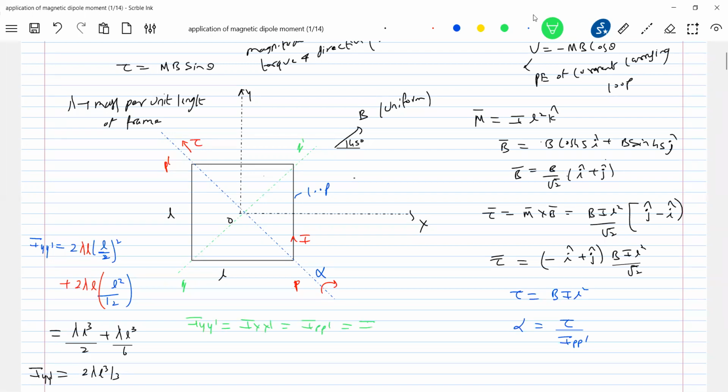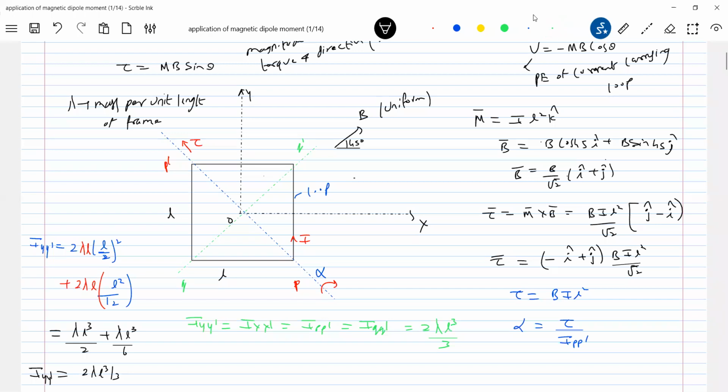Please do remember, in exams you need not calculate, it is better to remember the standard data. It should be equal to 2 lambda L cube by 3. Substitute that value here, and you'll get the instantaneous angular acceleration.